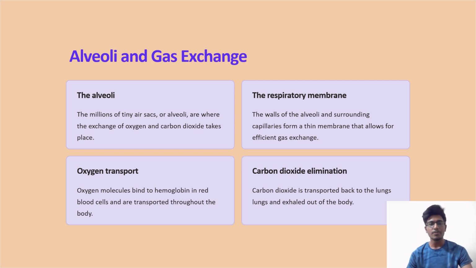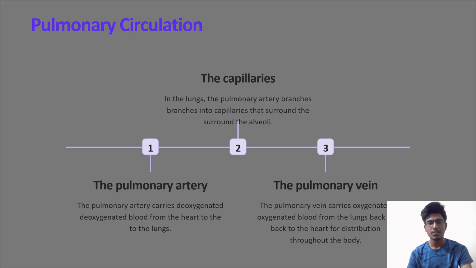Oxygen transport: oxygen molecules bind to hemoglobin in red blood cells and are transported throughout the body. Carbon dioxide elimination: carbon dioxide is transported back to the lungs and exhaled out of the body.